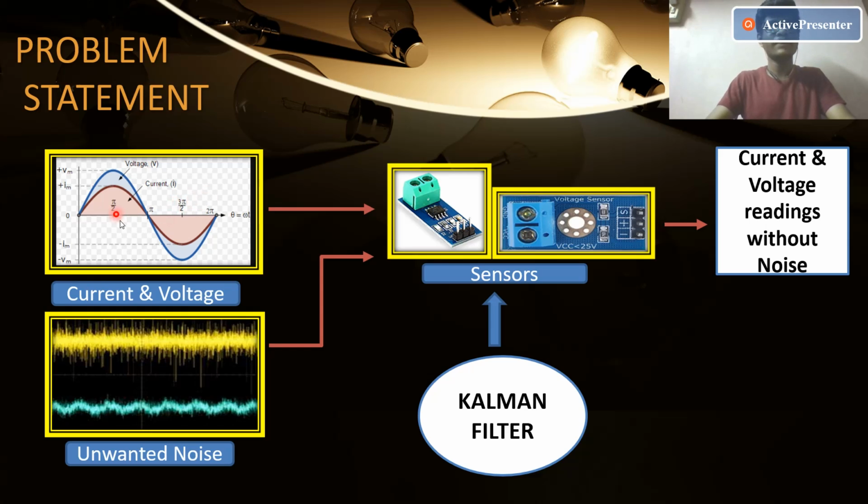When we have to measure the current and voltage, we make use of these sensors. While measuring, the unwanted electrical noise shows up as ripples in the current waveform or disturbance in the physical signal. These disturbances get added, and we have to eliminate them. So we program these sensors in such a way that this unwanted noise is eliminated, and we get the refined or purified values of the current and voltage without noise.